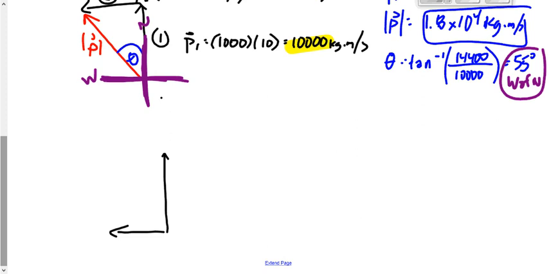Vector diagrams always have to be drawn head to tail or tail to head, except for the resultant vector. The resultant vector is the sum of the vectors. So the vectors that you're adding together must be drawn head to tail. And this isn't head to tail. This is drawn tail to tail. Okay, I've drawn it head to tail up here. Then my resultant vector isn't drawn head to tail, but that's okay because it's the sum of the vectors and the rules don't apply to that. Is that okay?